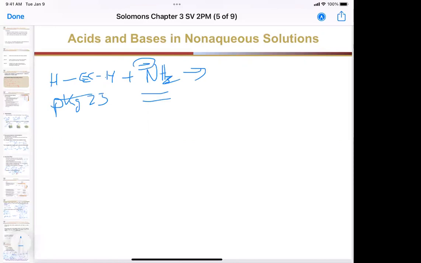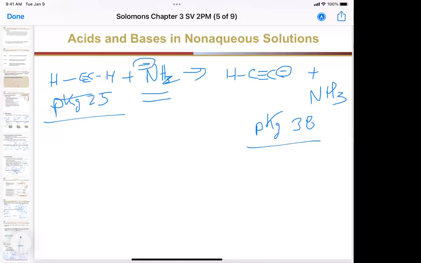On this side, now we have carbon triple bond plus an anion, plus this newly protonated nitrogen species. The pKa of this is 38. So which way is the reaction going to go? The pKa is 25, the pKa is 38, which is the weaker one? The 38. So the reaction is going to go in this direction, giving us our anion on carbon.